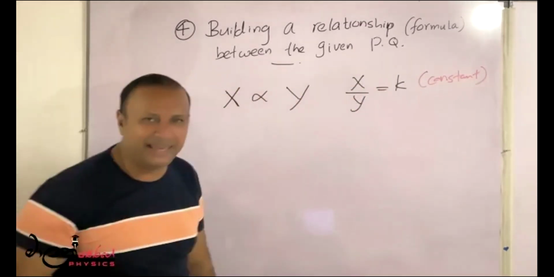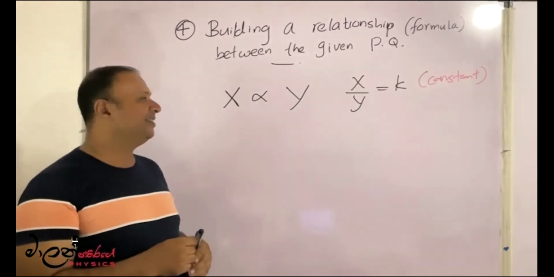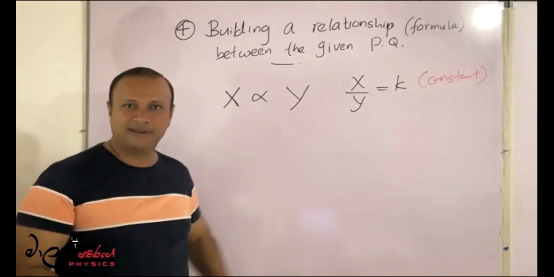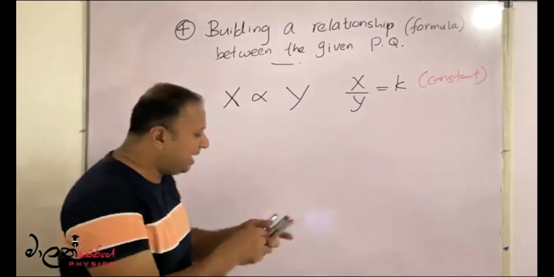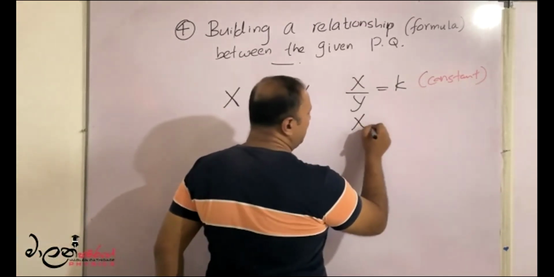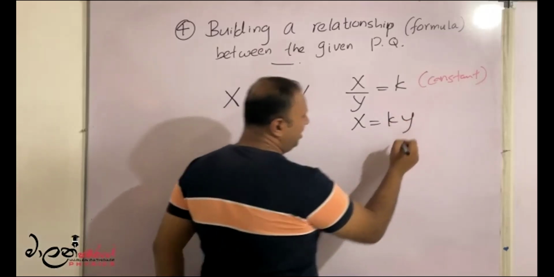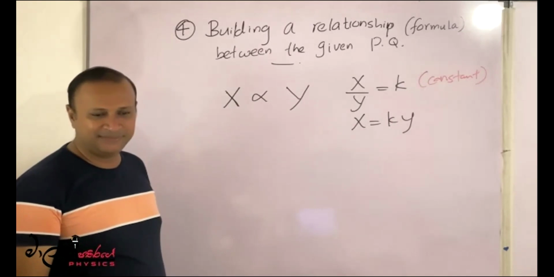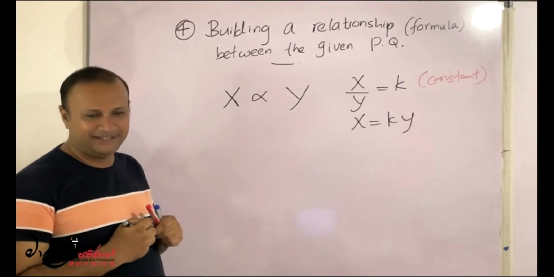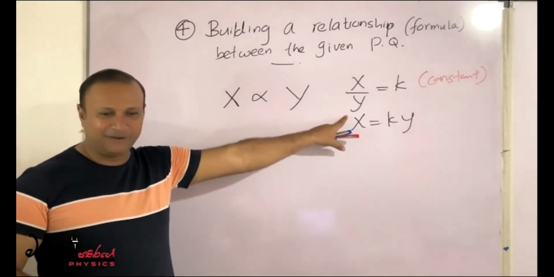So if I write k, that means it is a constant. So if I make x the subject, x is equal to ky, no? Are you clear? Yes, sir. x is equal to ky.